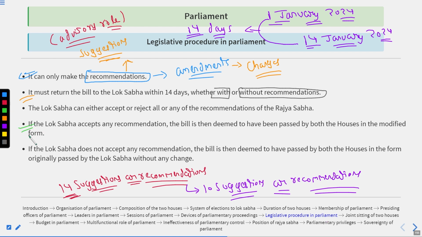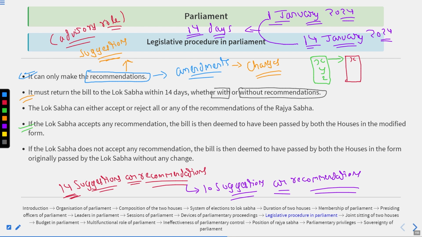If the Lok Sabha accepts any recommendation, the bill is then deemed to have been passed by both the houses in the modified form. Suppose the original form is like this: X, Y, Z, these are the provisions of the money bill. Then what happened?